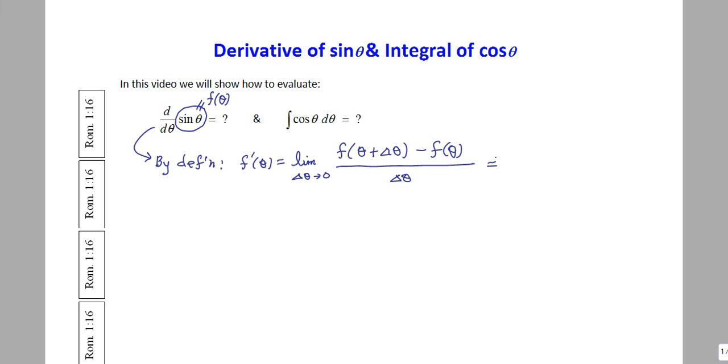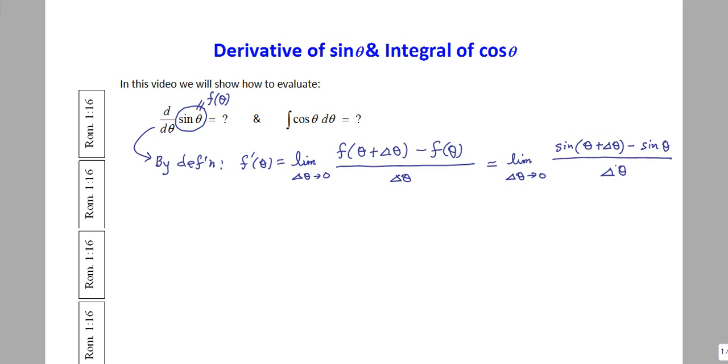So this is equal to the limit of delta theta going to 0. The f of theta plus delta theta is obviously just going to be sine of theta plus delta theta minus the f of theta, which is nothing other than sine of theta, and this is all divided by delta theta.